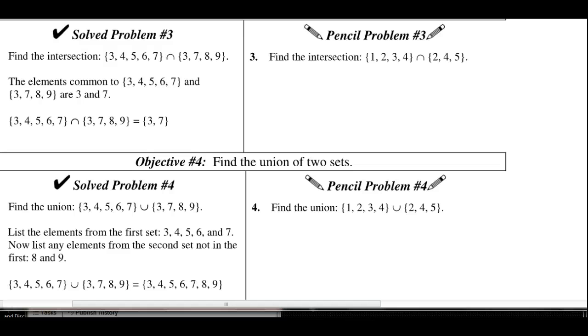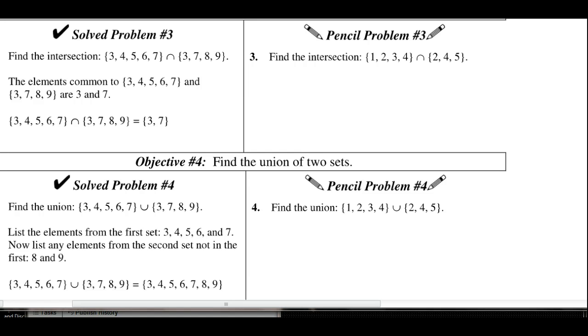What that little upside down looking U thing between the two sets says is it wants to combine the two sets into a new set, and the way it does that is intersection means I'm going to write down a new set with all the elements or numbers that are common to both sets. So if a number lives inside both of those two sets, then we say it's in the intersection.